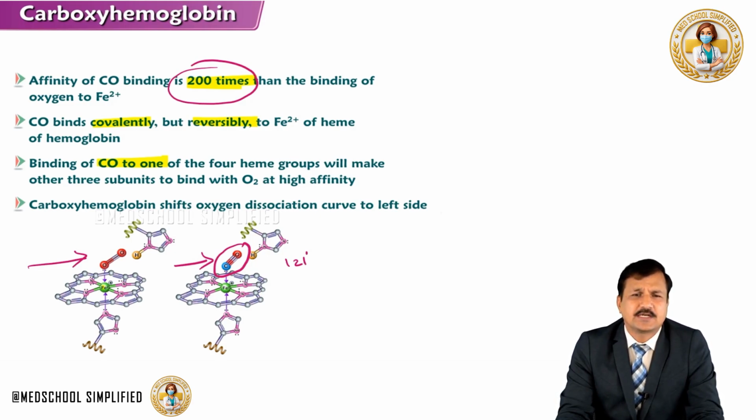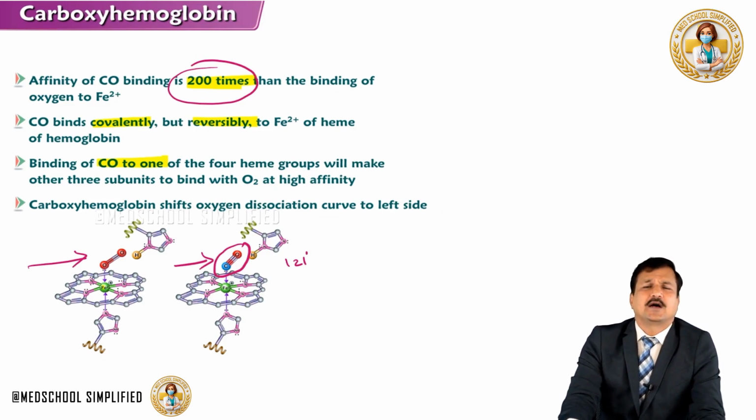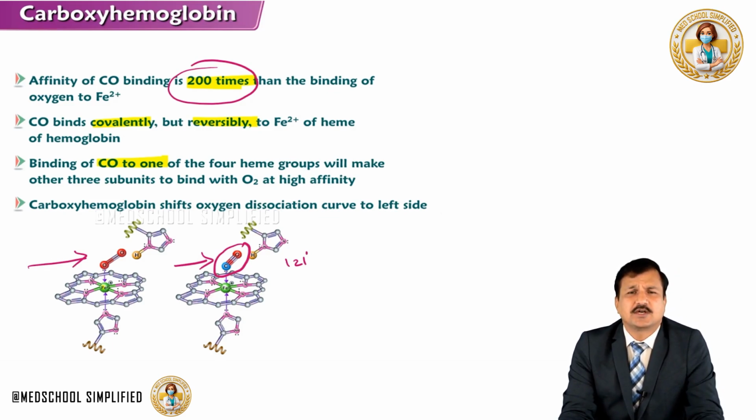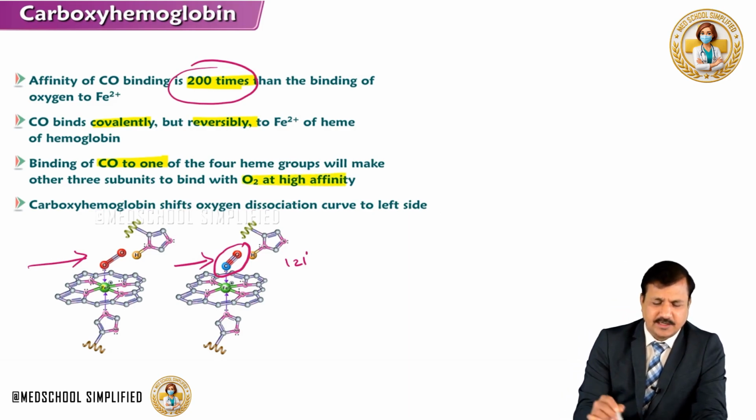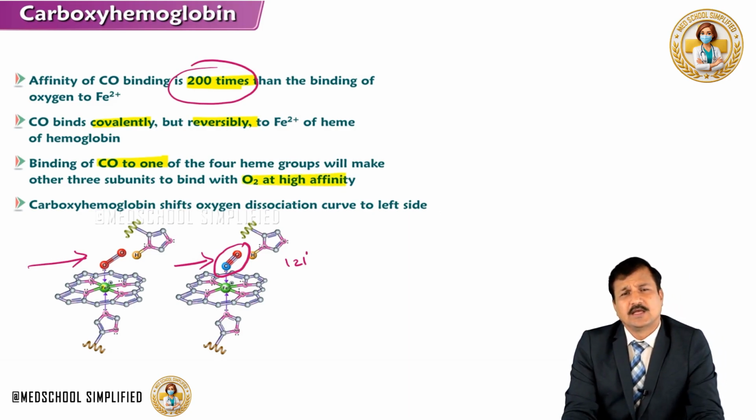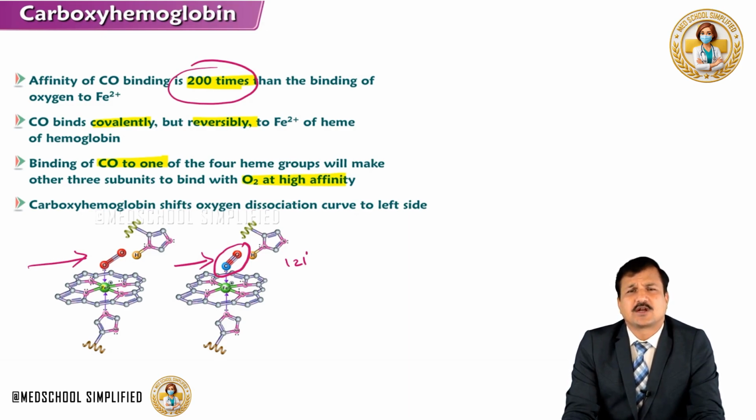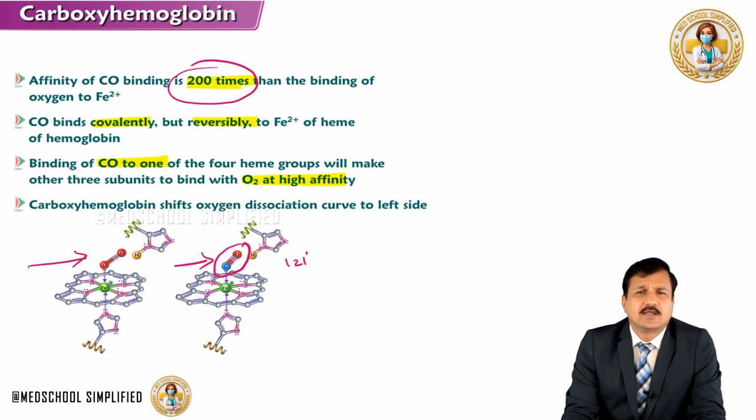hemoglobin, and when it does that, the conformational change in the hemoglobin molecule will lead to binding of oxygen with the other 3 subunits, but with higher affinity. Thereby, those 3 oxygen molecules are not released in the peripheral tissue.